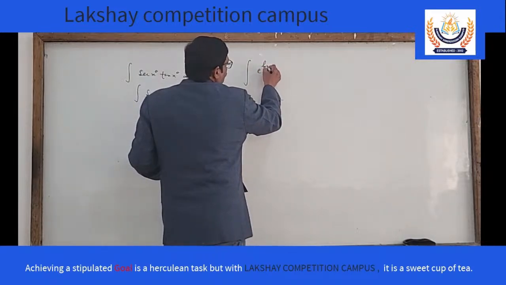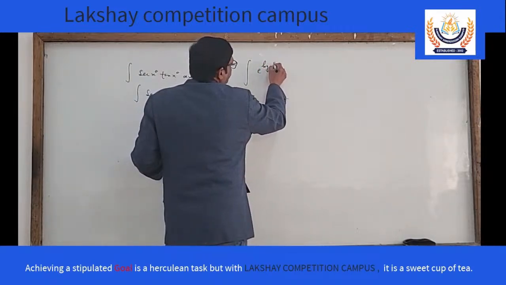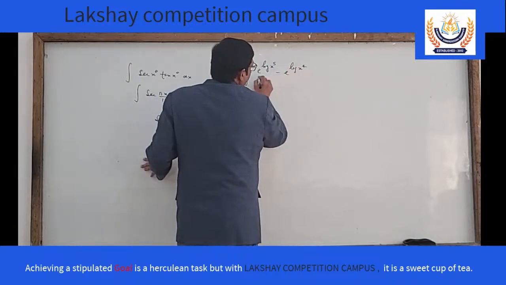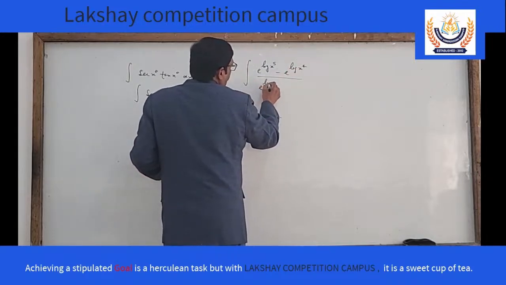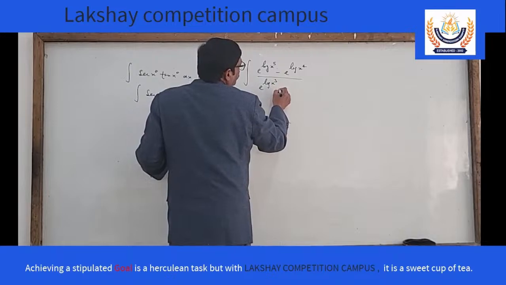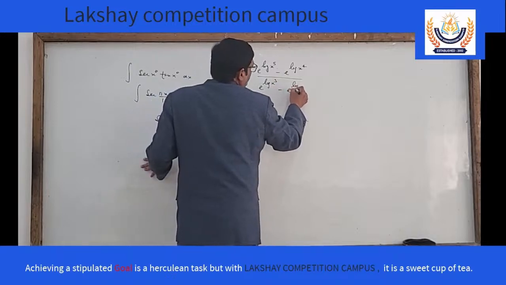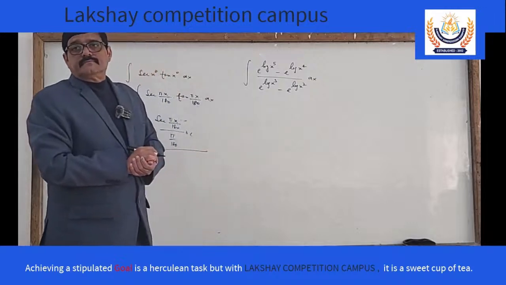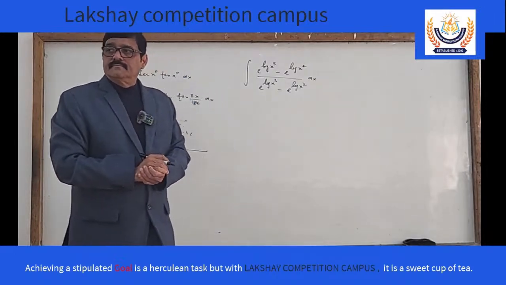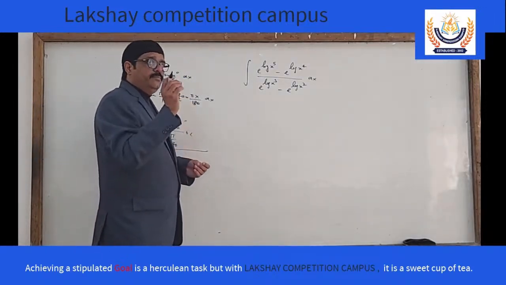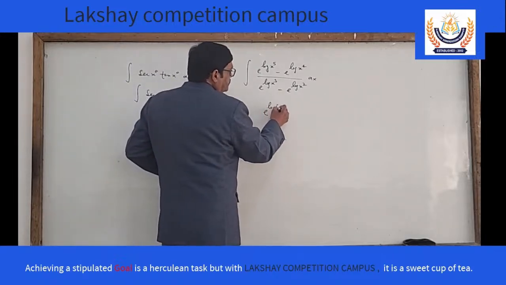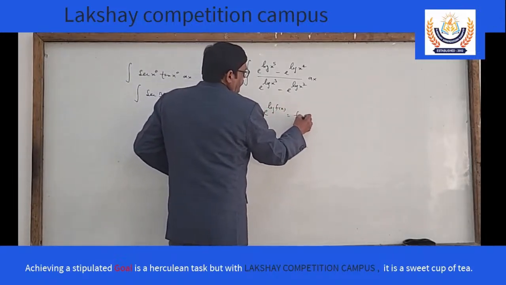e raised to power log x raised to power 5 minus e power log x raised to power 4, e raised to power log x cube, e raised to power log x square with respect to x. How can we solve it? There is one important concept in log: e raised to power log f(x) is what? f(x).